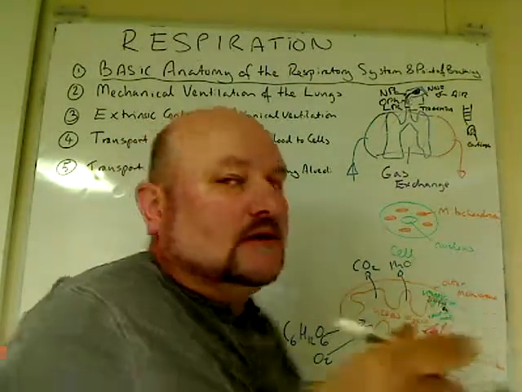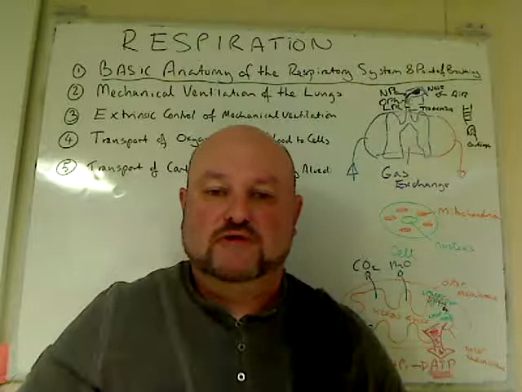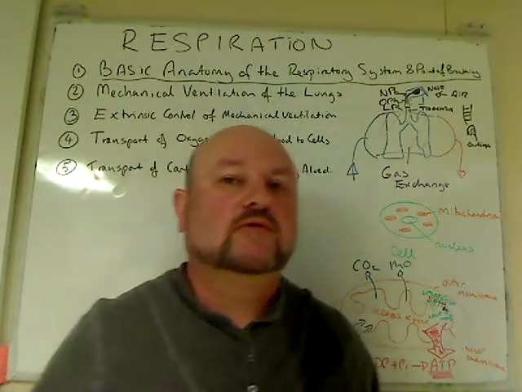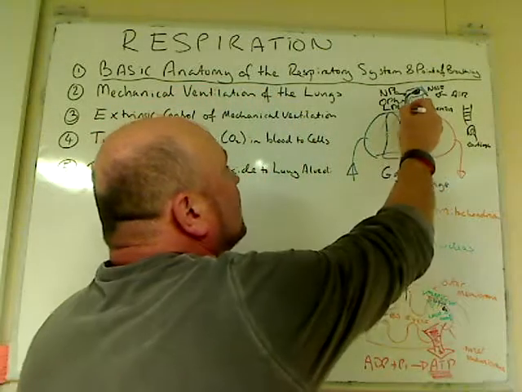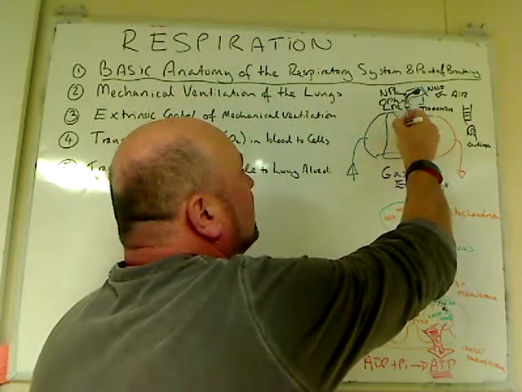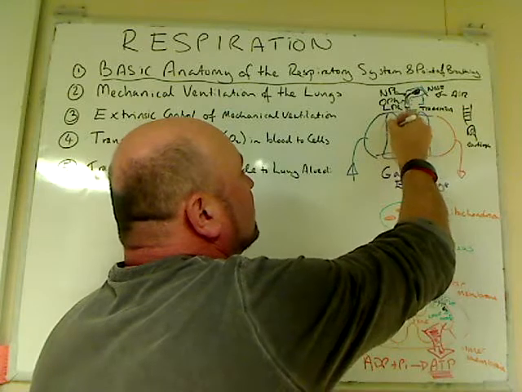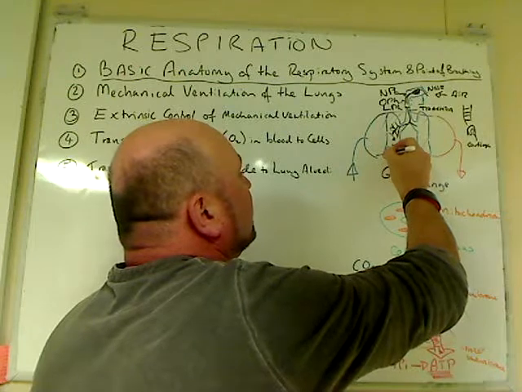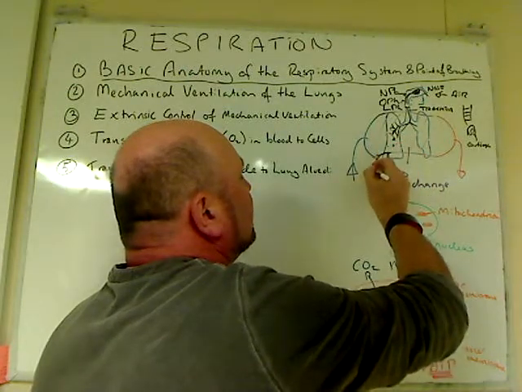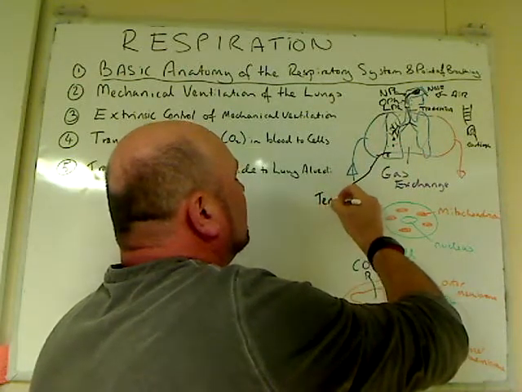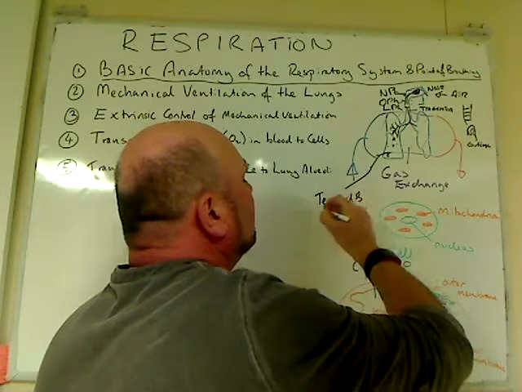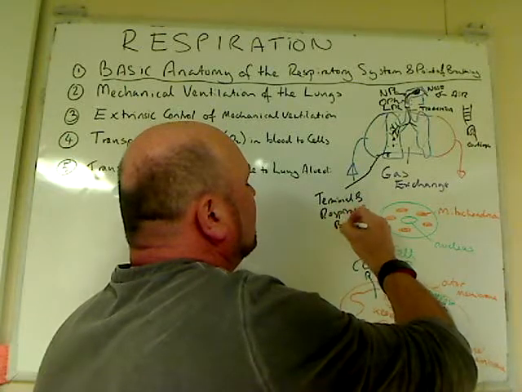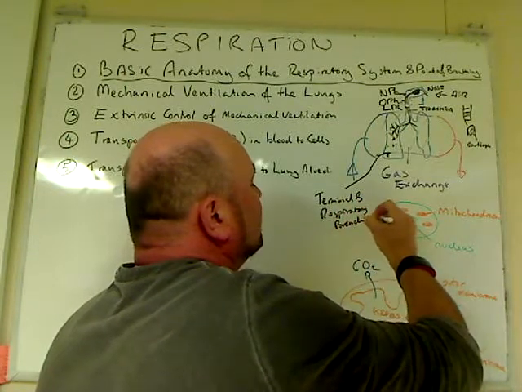So these C-shaped cartilages make sure that the trachea remains an open tube, even when there's nothing in it, if you like. So from the trachea all the way down through the primary bronchi, through all the branching to the small bronchioles, all the way through to the terminal bronchioles, and then the respiratory bronchioles.